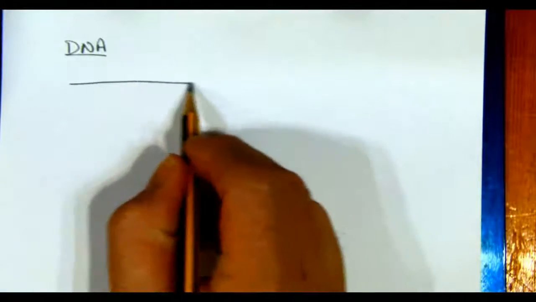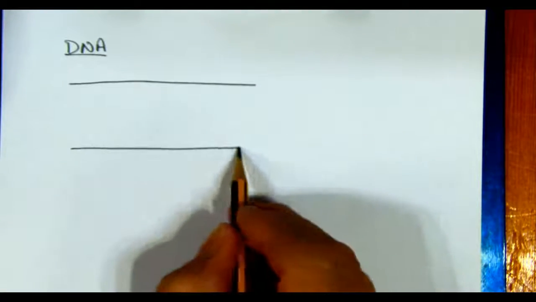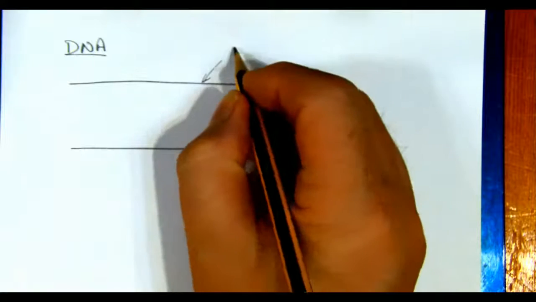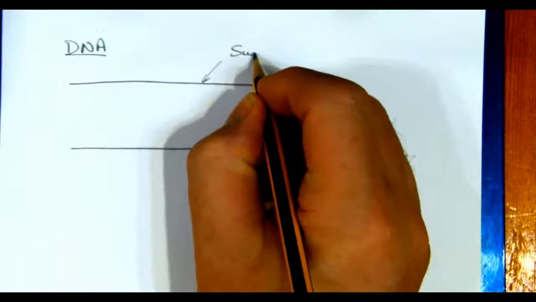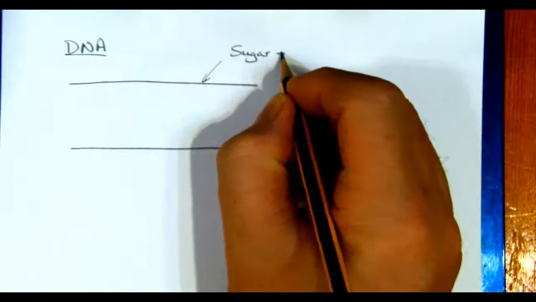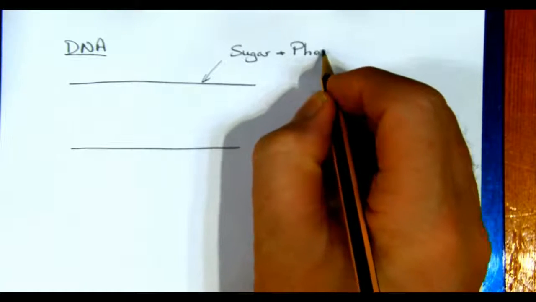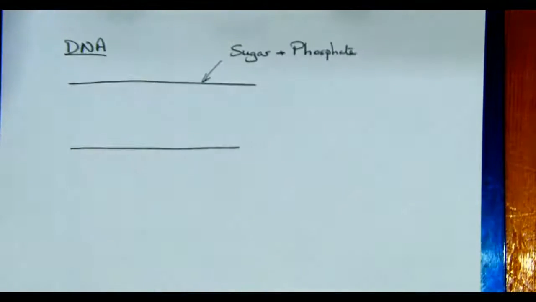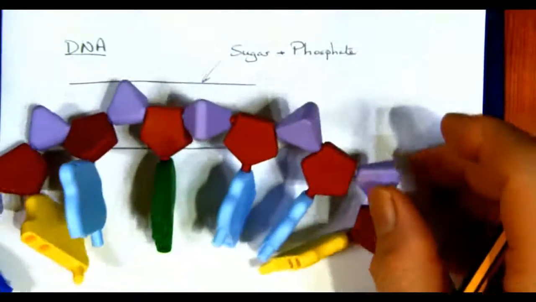So our DNA consists of two basic backbones. The backbone here is made of a sugar and a phosphate. And it looks perhaps something like this.